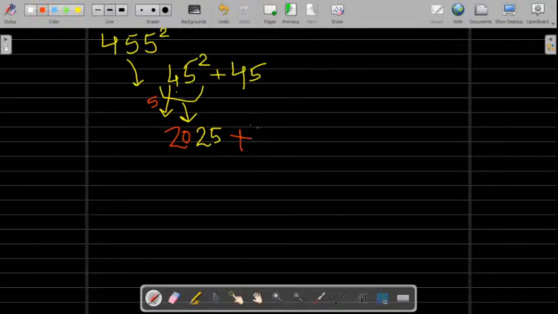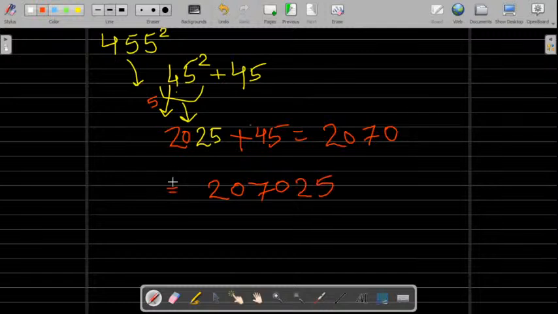Plus 45, right? So now what is the total result? 2070. Now 2070 and 25. So that is the final answer for this number, right?